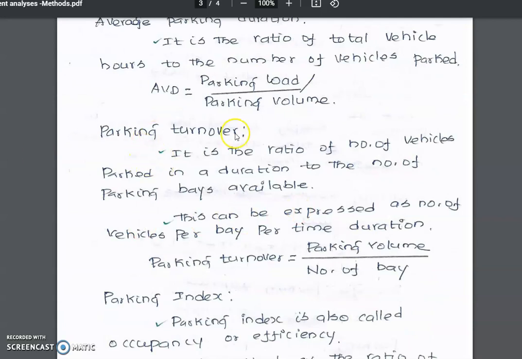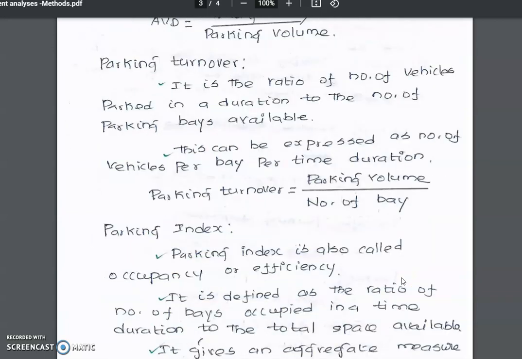Then parking turnover is the ratio of the number of vehicles parked in a duration to the number of parking bays available. This can be expressed as number of vehicles per bay per time duration. So parking turnover is equal to parking volume divided by number of bays.